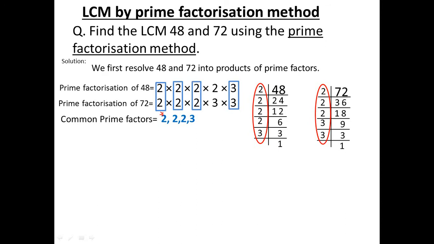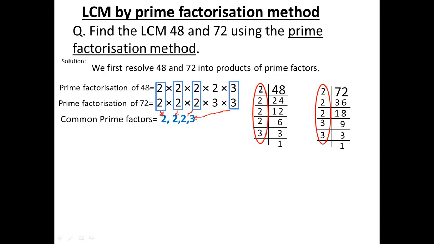So out of this 2, I will take only one time 2, right? In the same way, next 2 also I will take one time. Next 2 also I will take one time. And next 3 also I will take only once, right? So the common prime factors are 2, 2, 2, 3, right?